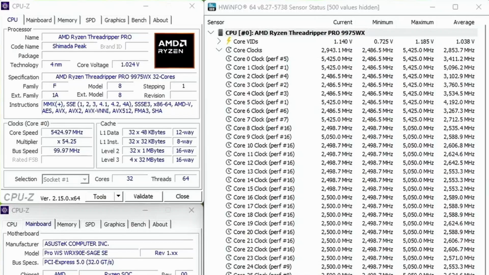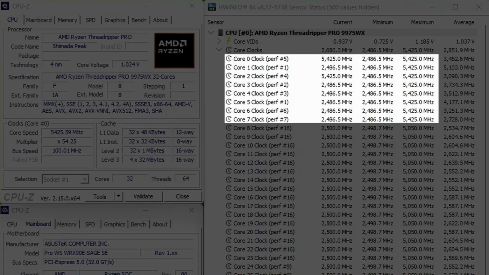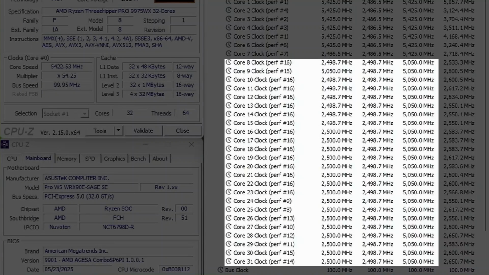For CPUs that have multiple CCDs, just like this Ryzen Threadripper Pro 9975WX, each CCD has its own Fmax as well. For example, for CCD0, it's 5450 MHz, but CCD 1, 2, and 3 are limited to 5050 MHz.